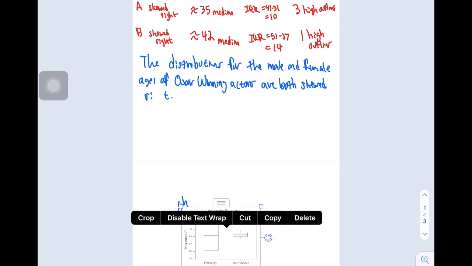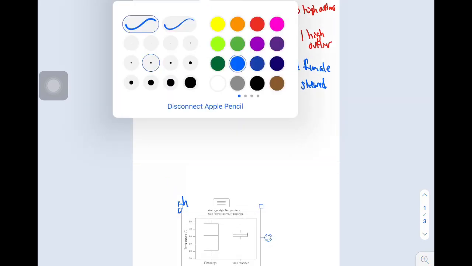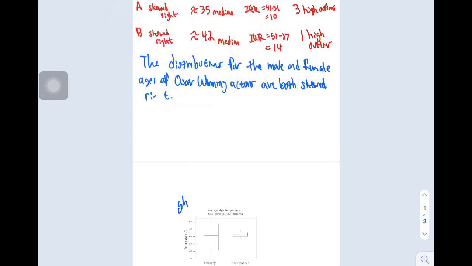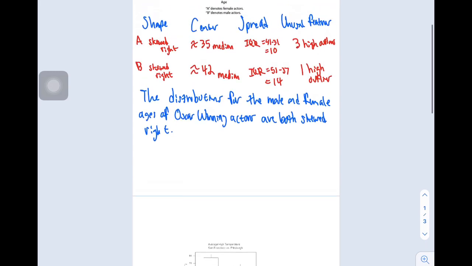I'm going to have to move this guy down. So these are both skewed right. So that covers our shape.